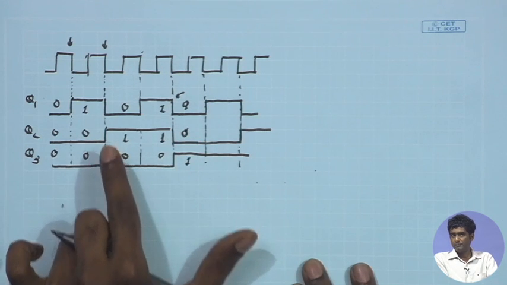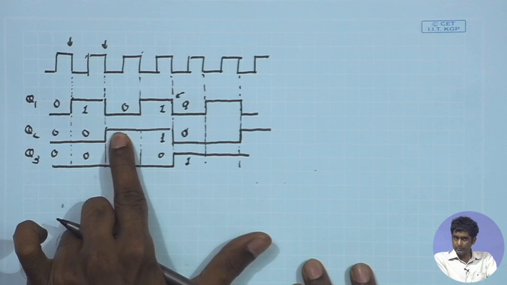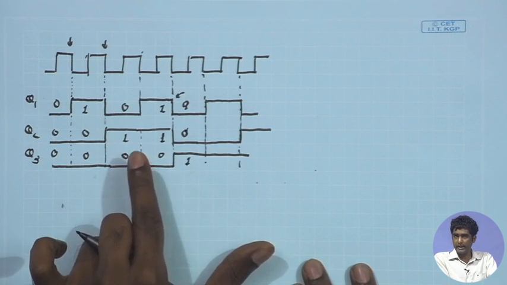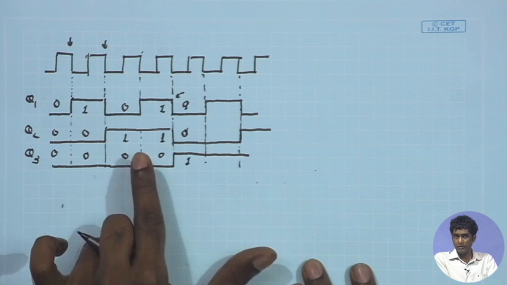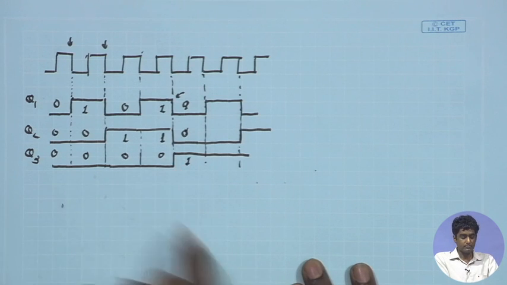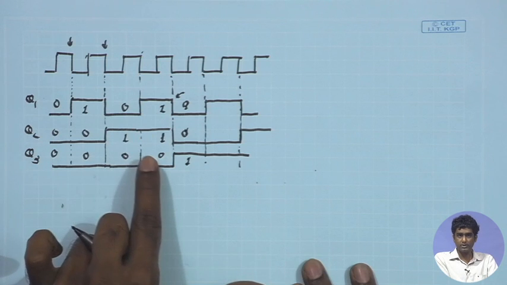Likewise, for Q3, Q2 can be used as a clock. If I use a negative edge triggered flip flop to implement Q3, I can use Q2 as the clock for Q3.